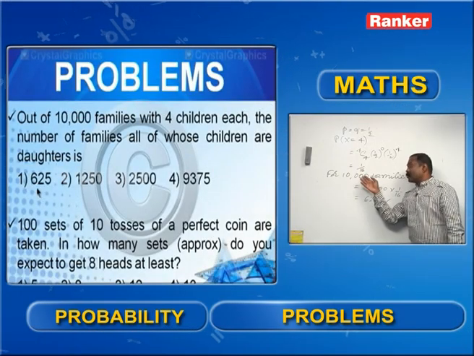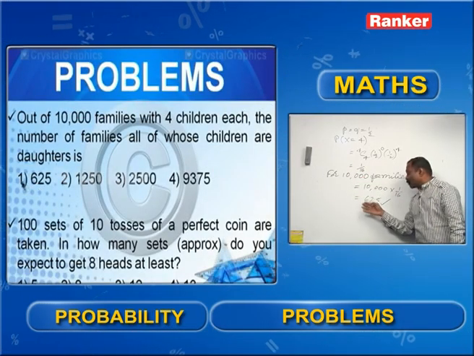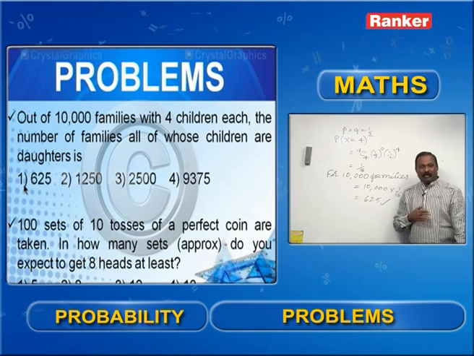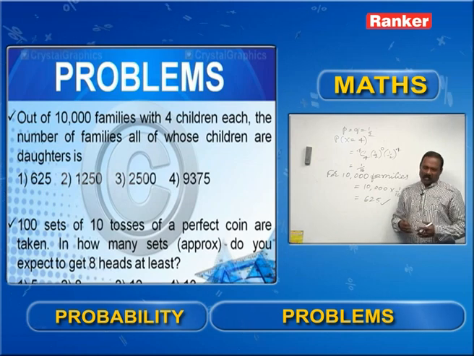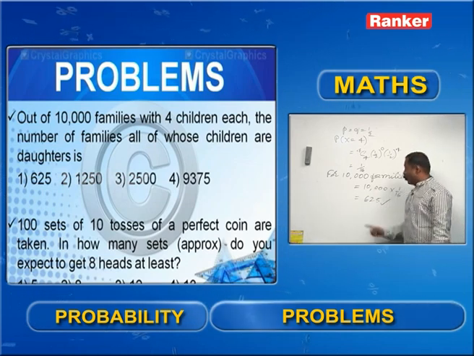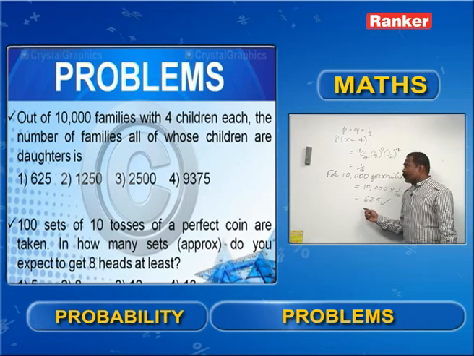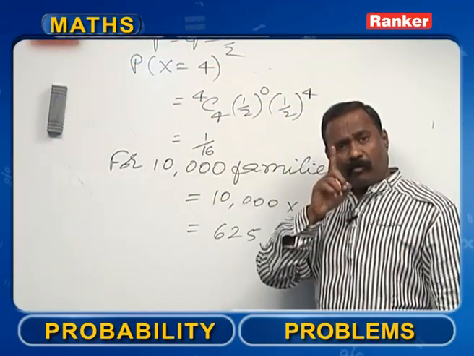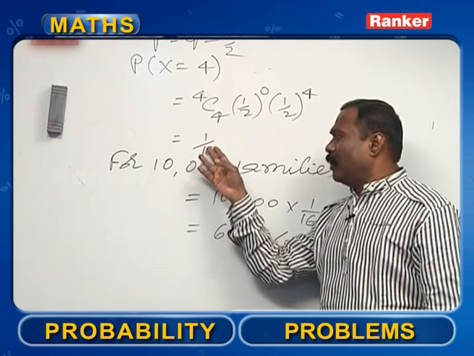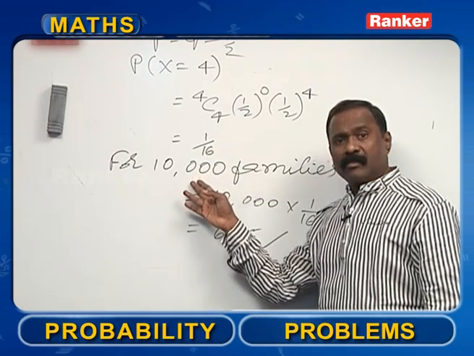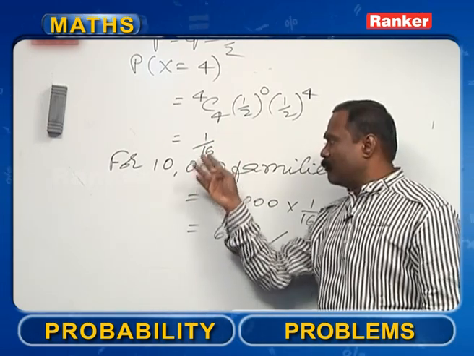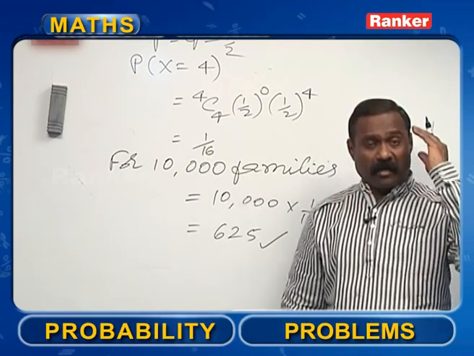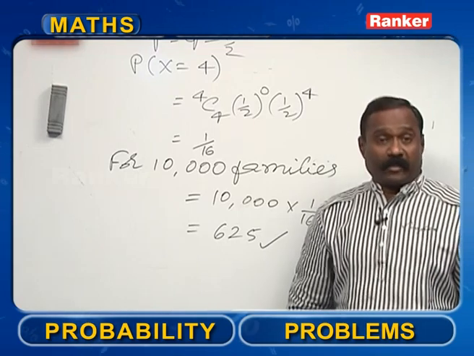The number of families chosen is 10,000, then among them 625 families have the possibility of having all 4 children daughters. That's one of the models, because we have got the probability only for one family, and that one family is generalized to 10,000 families by simply multiplying this probability with 10,000. Understand that this is the mathematical expectation.